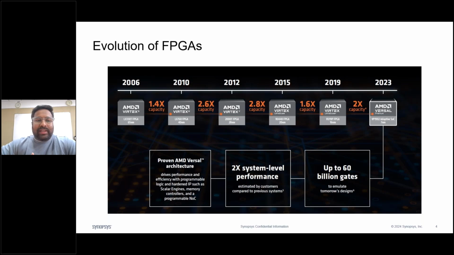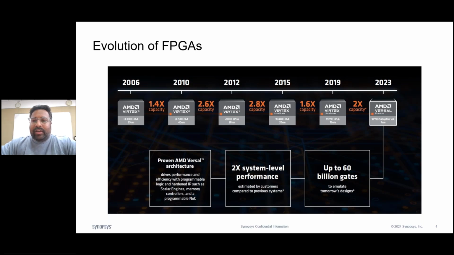Here you can see the Virtex FPGAs, which were launched in 2006. At that time, it consisted of around 3030 logic elements. Over the years, it has evolved and become Virtex 6, Virtex 7, Virtex UltraScale, and Virtex UltraScale Plus till 2019.